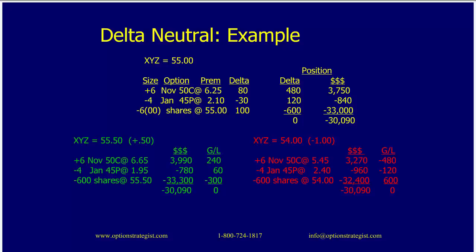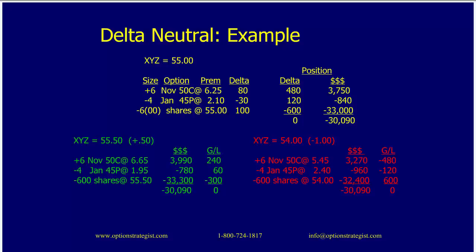So if the stock went up 50 cents, the November 50 call, which was $6.25 with a delta of 80, if you remember the formula, we're going to multiply 0.5 times 80. That gives me 40 cents. Added on to the 625, it gives me a total premium of $6.65.